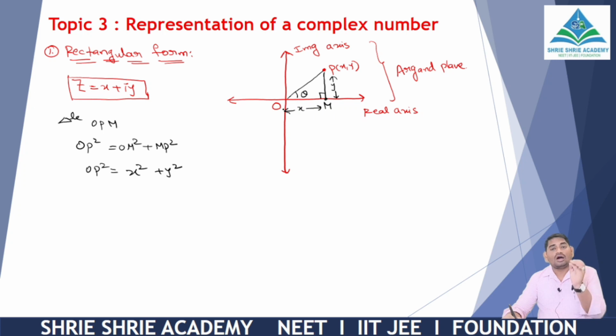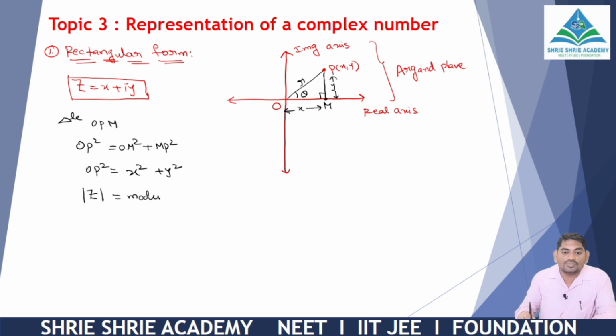The distance from origin to point P in the Argand plane, which we also call the modulus of z. So Z is equal to x plus iota y, or x minus iota y, or minus x minus iota y, any complex number, and its magnitude is represented as modulus of z.